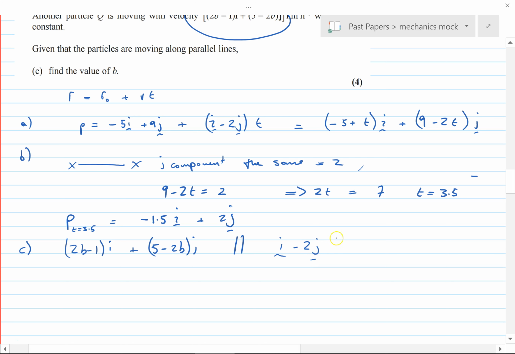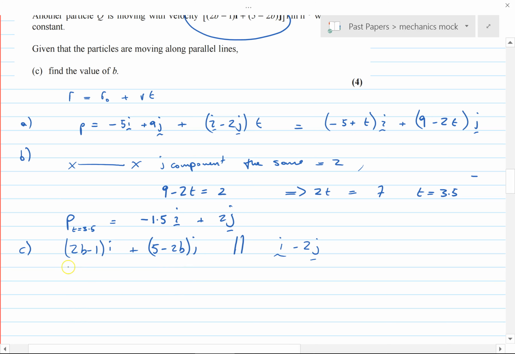So we can times this vector by some number, which will give you this. So they're in the same ratio. Whatever this times this will be the same as whatever this times this will be. So we're just using a ratio kind of argument.